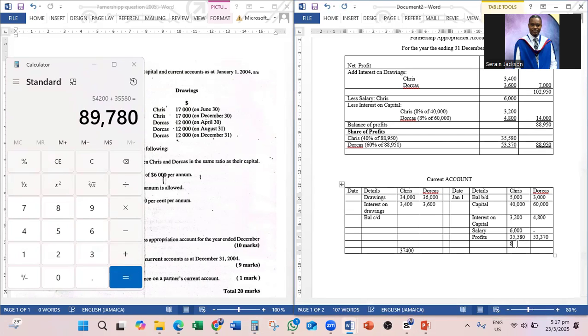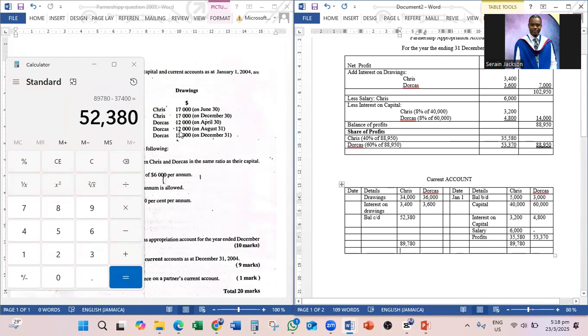That's a good sign. 89,780 minus 37,400 to get the balance carried down is 52,380. Good.